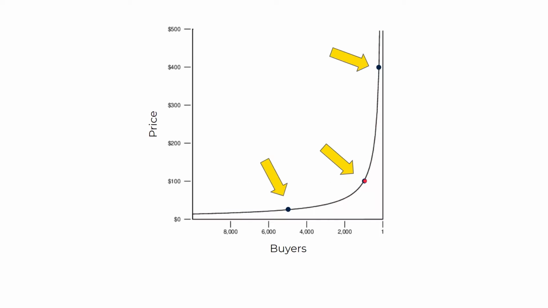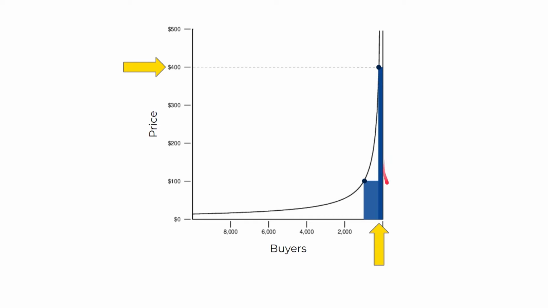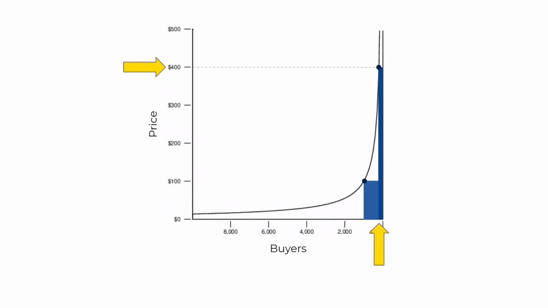Now, if we were to add two different price points on top of the one you already have, you see what happens, that now I'm able to capture this area of the curve. So by selling a product at, for example, $400, I would capture this many people that can afford to pay this price.